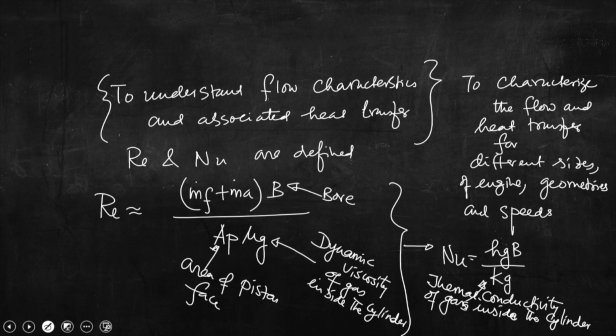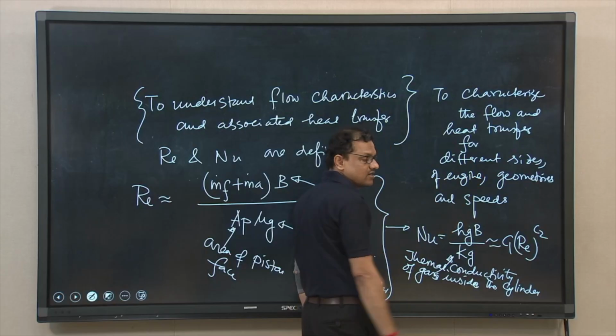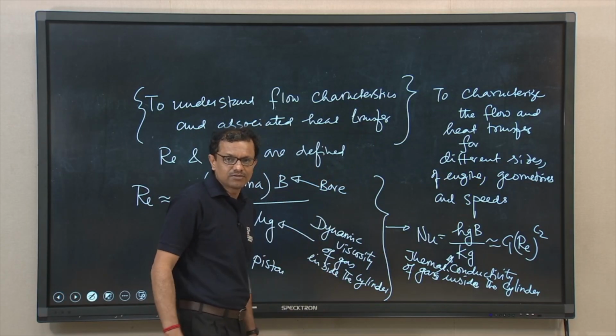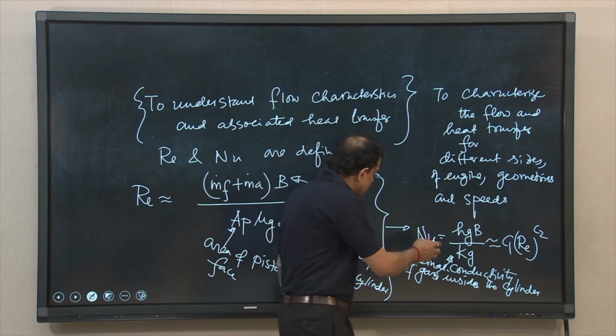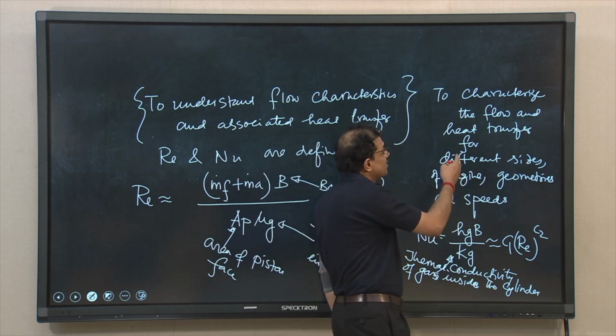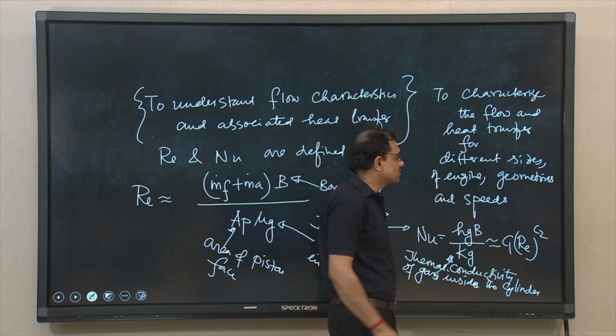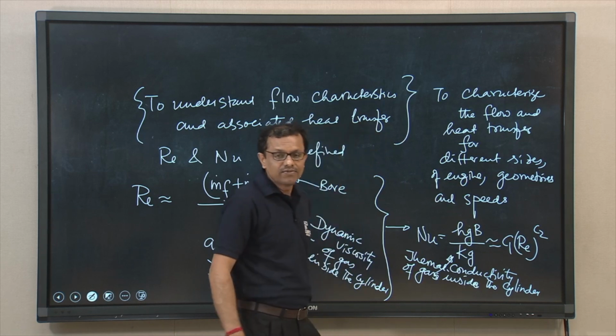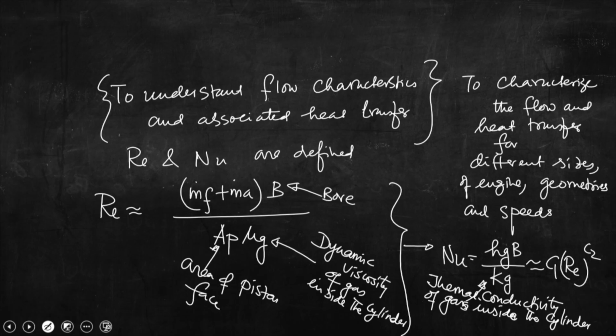This can be correlated like C1 times Reynolds number to the power C2, where C1 and C2 are constants. So, defining Reynolds number properly is very important to characterize flow for different sizes, different geometries and different speeds of engine. We also can define Nusselt number, which will allow us to characterize the underlying heat transfer for different sizes, geometries and speeds of engine, right.